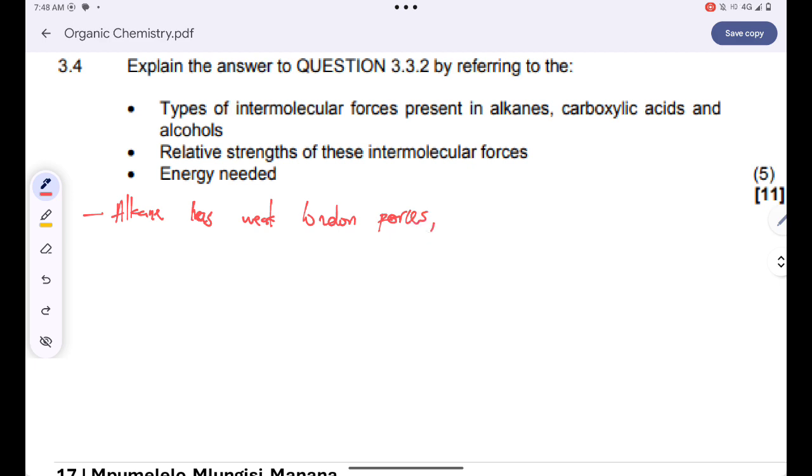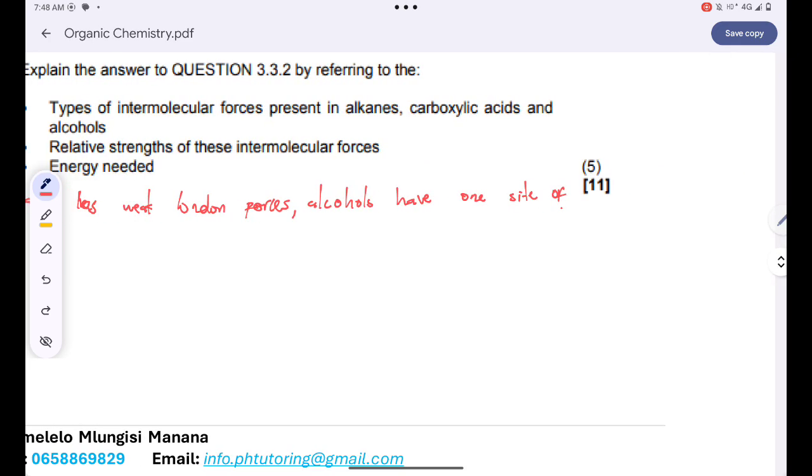And then alcohols have one side of hydrogen bond.